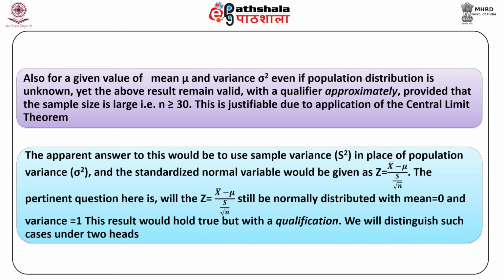The pertinent question here is, will this z still be normally distributed with mean 0 and variance 1? I hope you can recollect that for a standard normal variate, the mean is equal to 0 and the variance is always equal to 1.